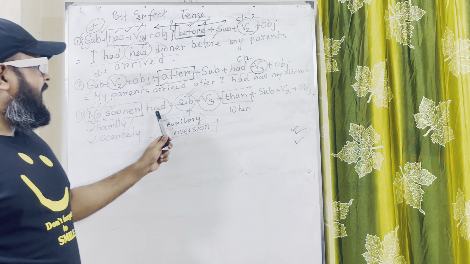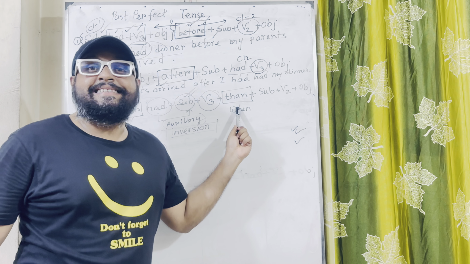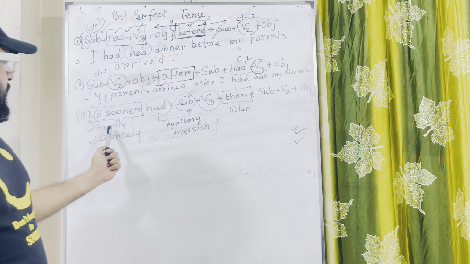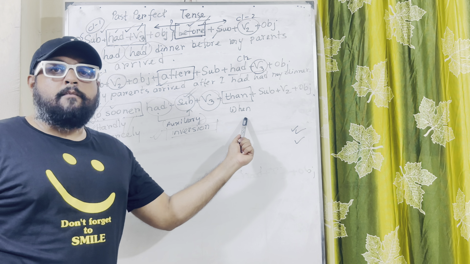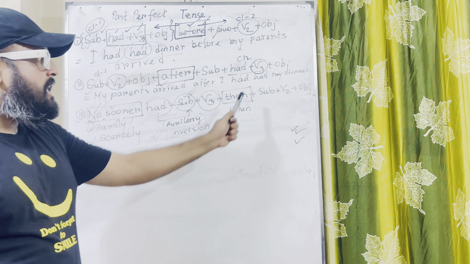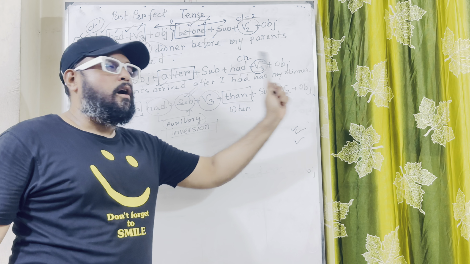So no sooner had plus subject than V3, and here you need a linking word, than, or if you're using hardly or scarcely, the linking word becomes when. And finally the second clause, subject plus V2, that means simple past, and object.